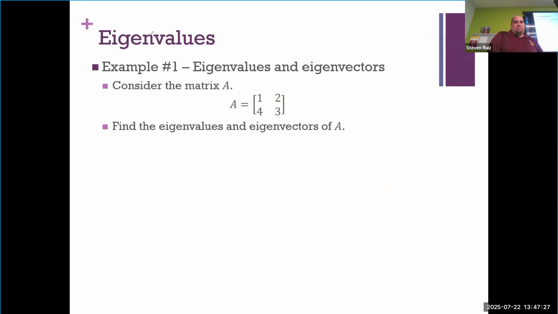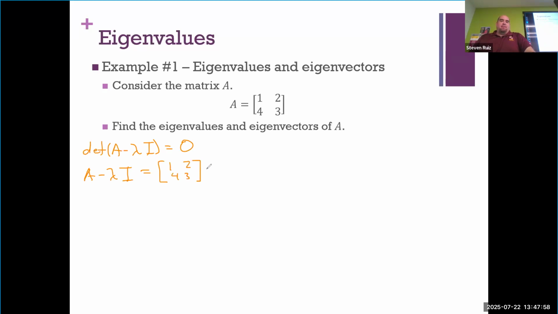Okay. So I want to find my eigenvalues here. The way we're going to find those is through this: the determinant of A minus lambda I equals 0. Before we do that, we should build A minus lambda I. So I know what A looks like: 1, 2, 4, 3.